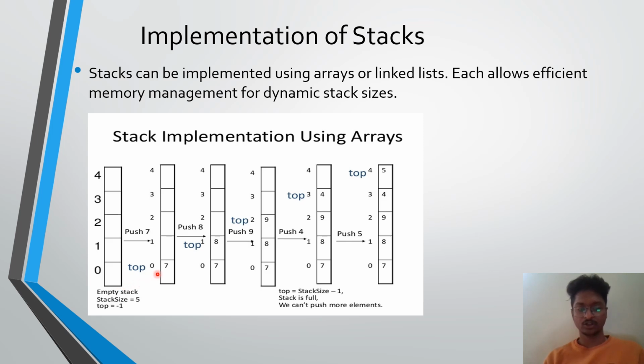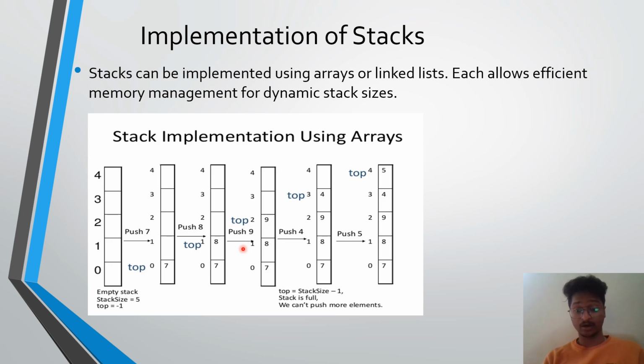The top indexing begins at 0. While programming we will initialize the top to 0. Hence the top variable starts from 0. First we are adding the element 7 to the 0th index. Then we are adding an element 8 to the index 1.